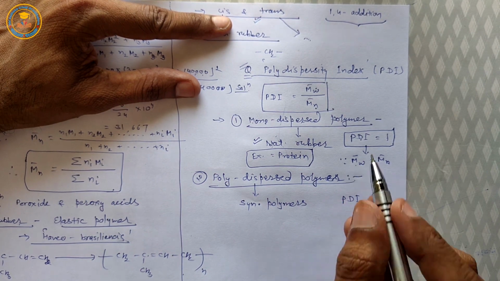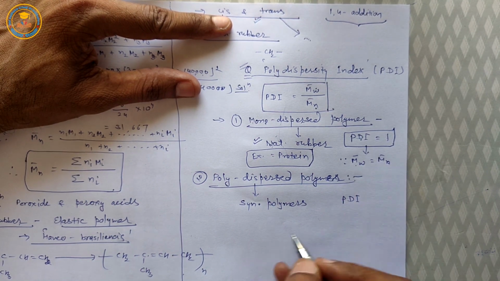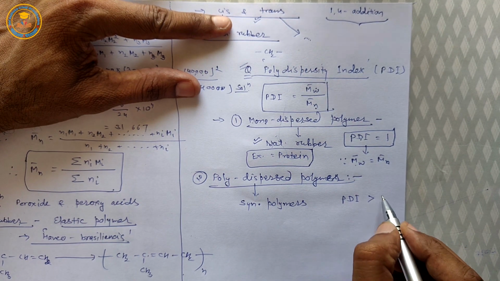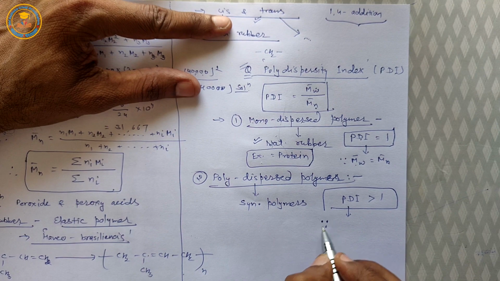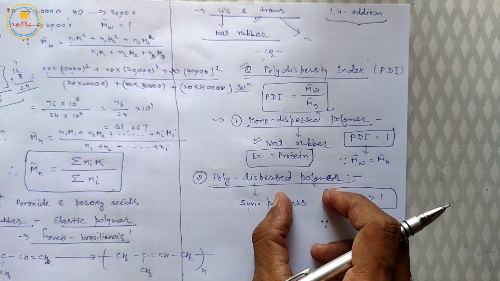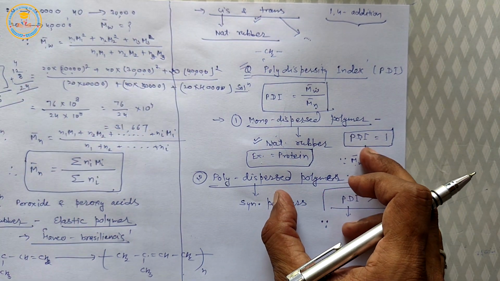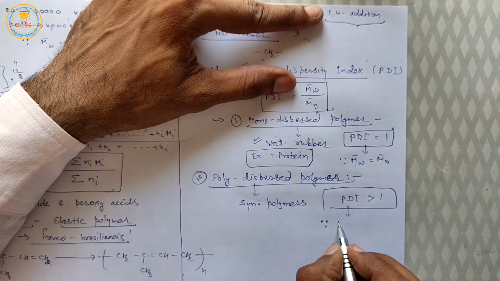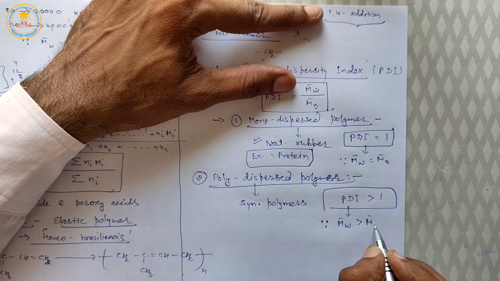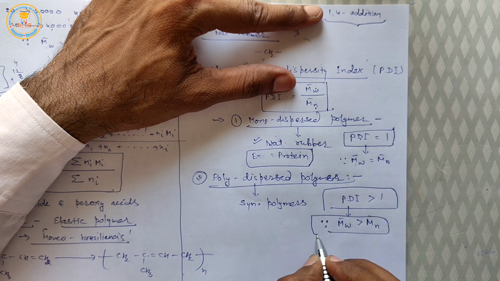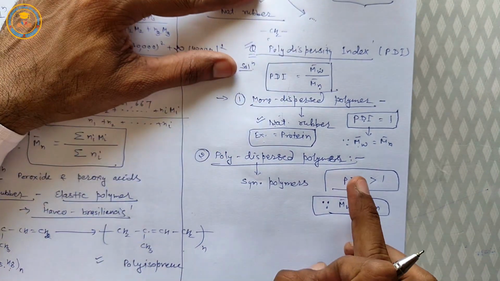PDI value is higher than unity, because for polydispersed polymers, very, very important, M̄w is greater than M̄n.